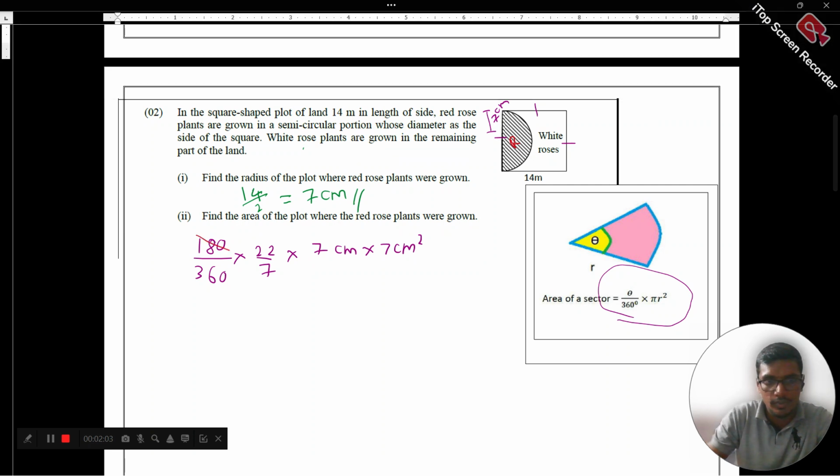You can simplify: 7 times 1, 7 times 1, 2 times 1, 2 times 11. 7 times 11 is 77 meters squared, which will be the area of the sector.